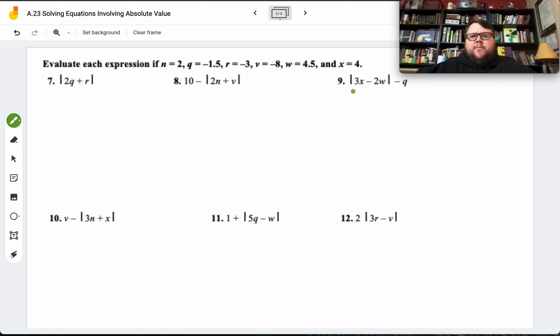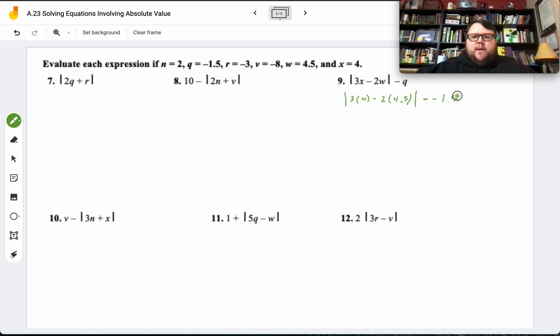These are similar. Let's do number 9 together. Absolute value of 3x, so 3 times x, and x is 4, minus 2 times w, and w is 4.5. Close absolute value, minus q, and q is negative 1.5, so minus negative 1.5.